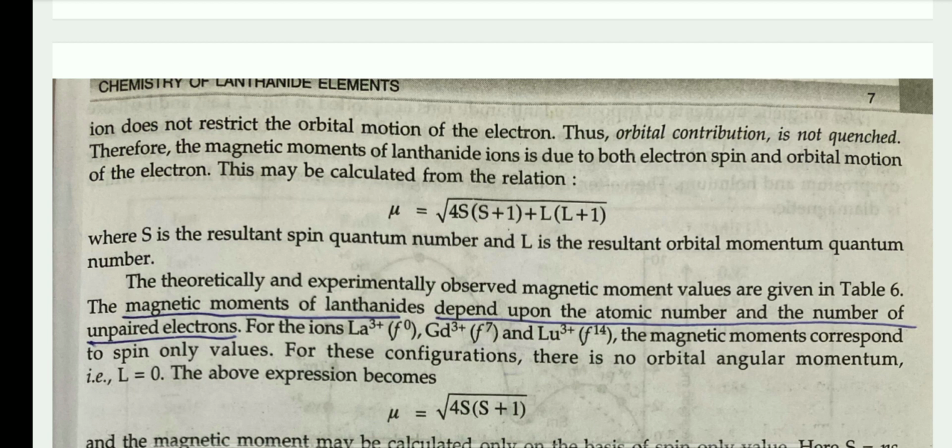This may be calculated from the relation mu equals the square root of 4s(s+1) + l(l+1), where s is the resultant spin quantum number and l is the resultant orbital momentum quantum number. The theoretically and experimentally observed magnetic moment values are given in the table. From the table, the magnetic moments of lanthanoids depend upon the atomic number and the number of unpaired electrons.